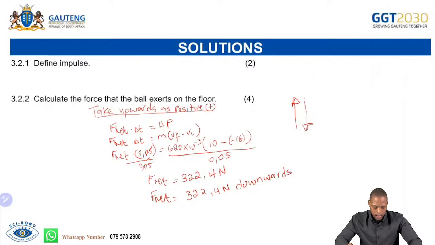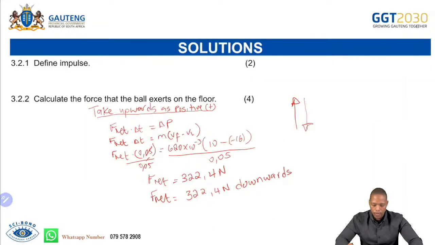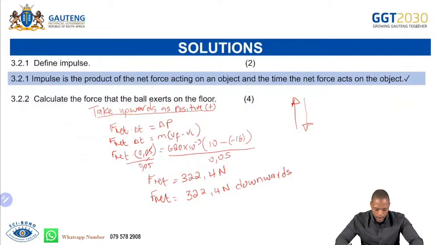Okay, then let's go back and check the other questions. They are asking what will be the magnitude and direction of the force that will be exerted on the ball. We've already calculated 322.4 newtons upwards. The contact time between the ball and the floor is increased. How will this affect the net force exerted on the ball, right?